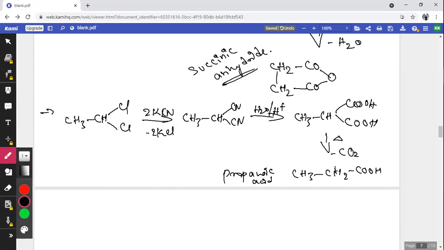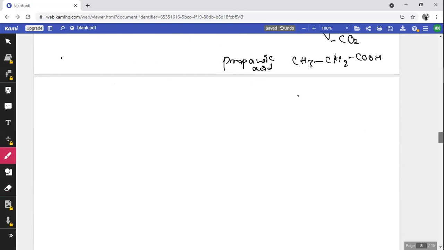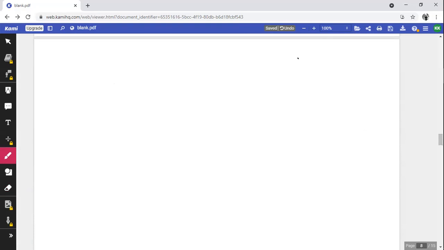And let's discuss some note points here. The cyanide group on acid hydrolysis gives COOH, so remember this.